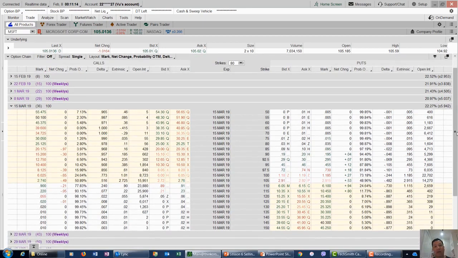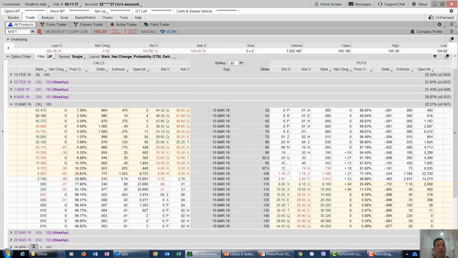The share price is exactly 105 right now, and I will sell the 100 strike put. That means if the share price drops $5 from here, I take the shares at $100. And of course, if the shares drop all the way to zero, I still need to buy at $100, which is unlikely.